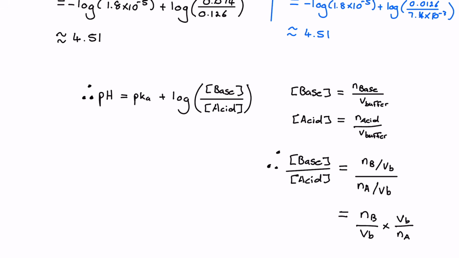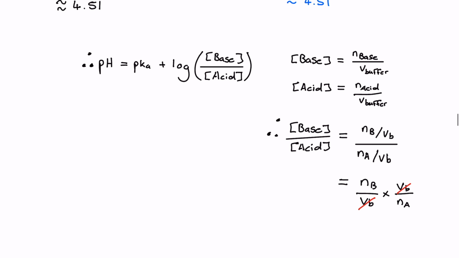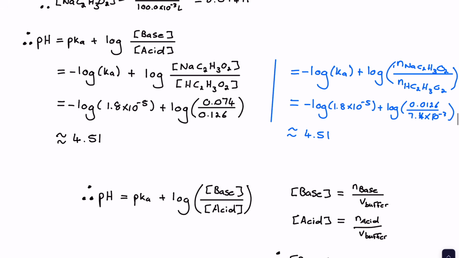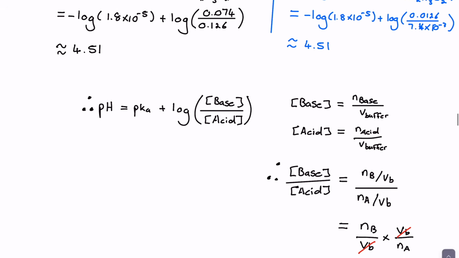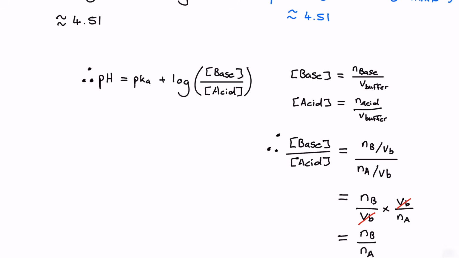And what cancels? The volume buffer cancels. And that's why the ratio of the concentrations is equal to the ratio of the number of mole. And that's why whether or not you use the concentrations to calculate the pH or the number of mole, it gave you the same answer, because they're in the same volume.